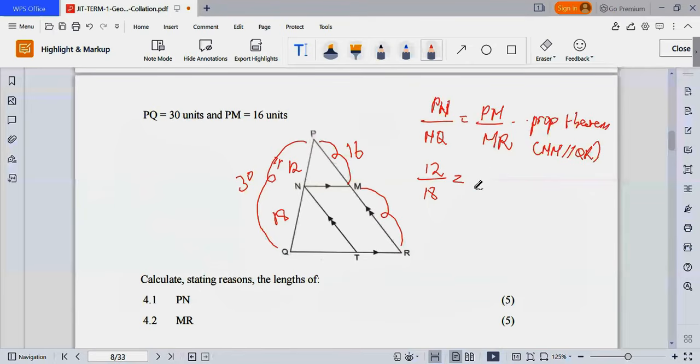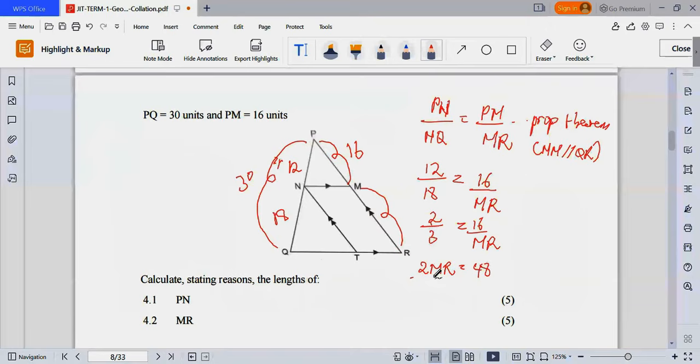So PM is 16 and then over MR. Let me go ahead and simplify this, I don't want to work with big numbers. Then 16 over MR, let's cross multiply from here. I have 2 MR equals 3 times 16, that's 48.